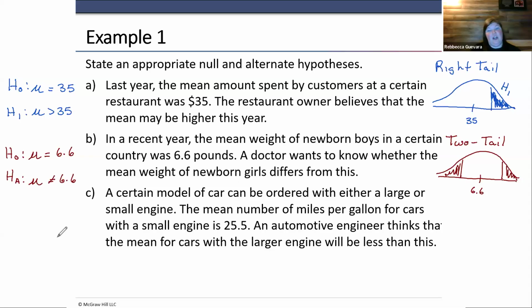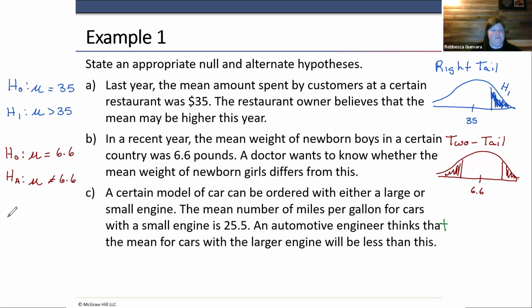A certain model of car can be ordered with either a large or a small engine. The mean number of miles per gallon for cars with a small engine is 25.5 miles per gallon. An automotive engineer thinks that the mean of cars with large engines will be less than this.